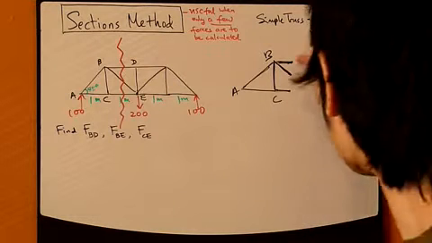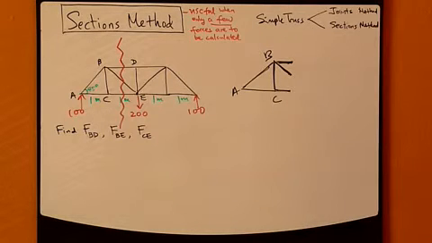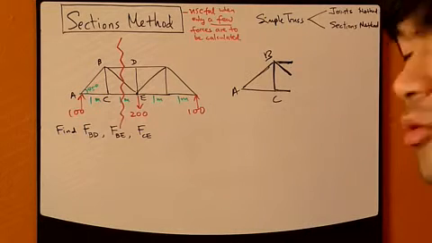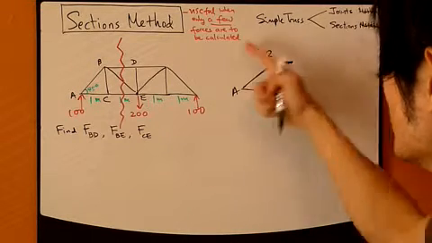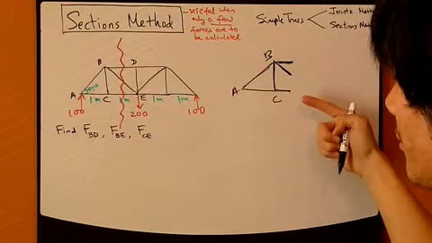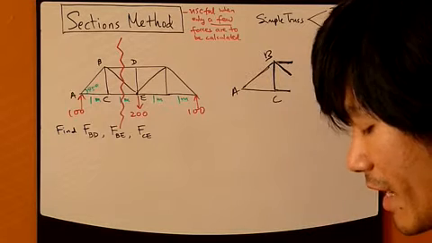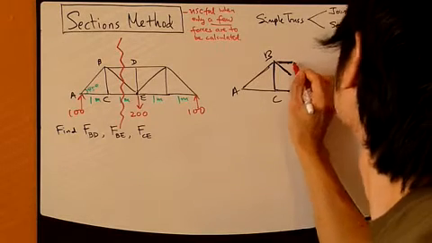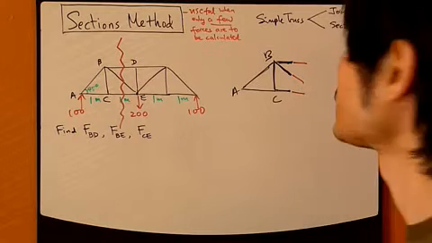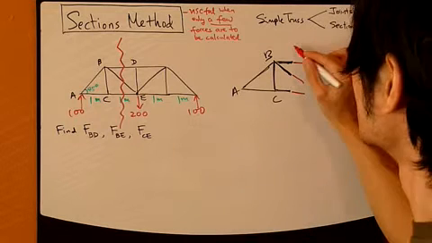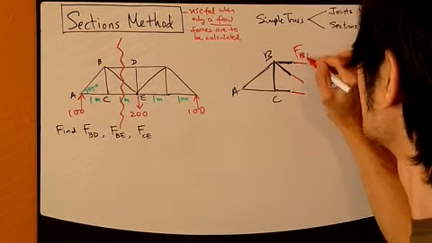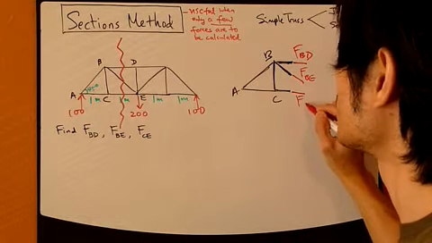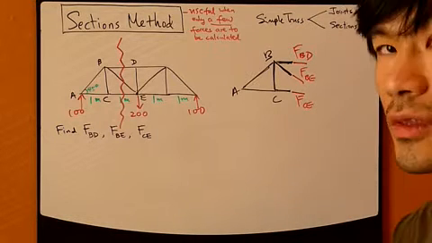Alright, because I've just sectioned through. Okay, so this is now my free body diagram. So this is the structure that I'm going to analyze. Okay, and the unknowns, these three guys, are in here. Okay, so this is my F_BD, this is F_BE, this is F_CE.